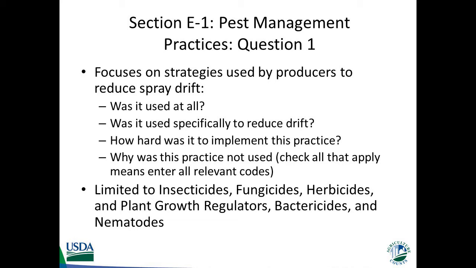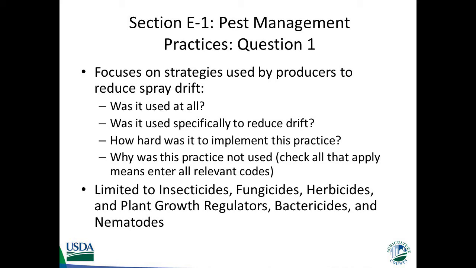If the answer is yes, then you should complete columns 2 and 3, which ask if it was specifically used to keep pesticide applications on target, and in column 3, how easy or how difficult it was to implement this practice. If the answer in column 1 is no, you should skip columns 2 and 3 and continue on to column 4, where you would indicate why this practice wasn't used.